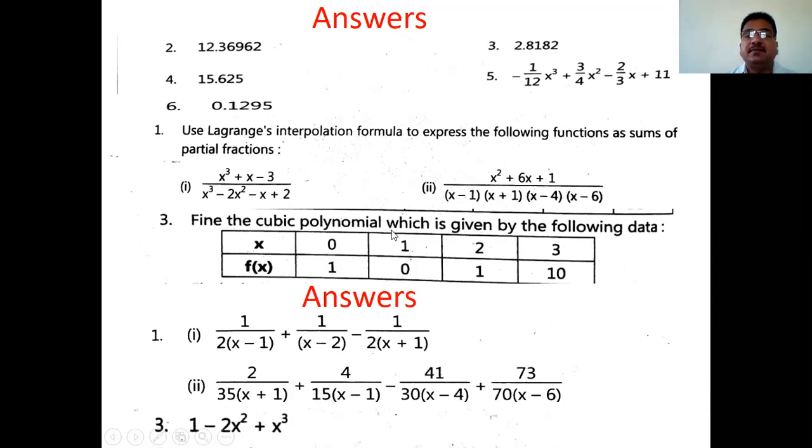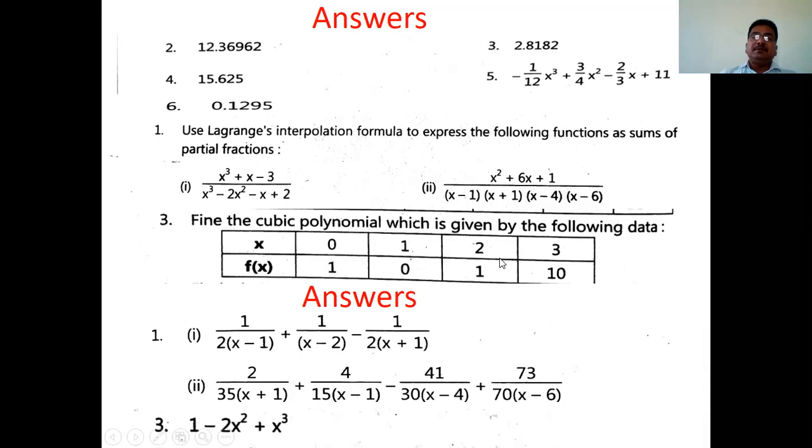And again, find a cubic polynomial which fits this data. So we can find a cubic polynomial, 4 degree polynomial, 5 degree polynomial, which fits the data. We can also find the polynomials which fit the data by using the least square method.